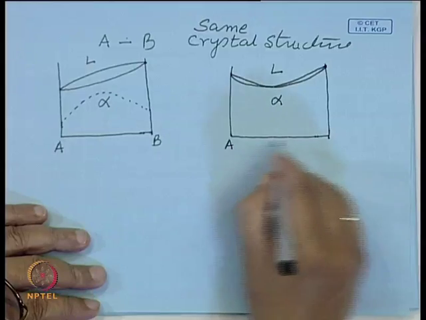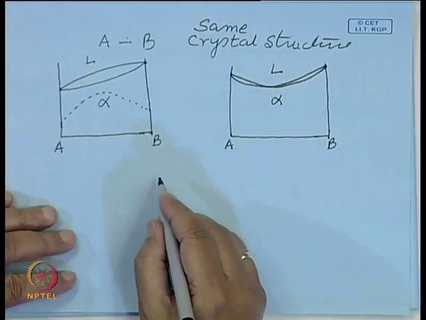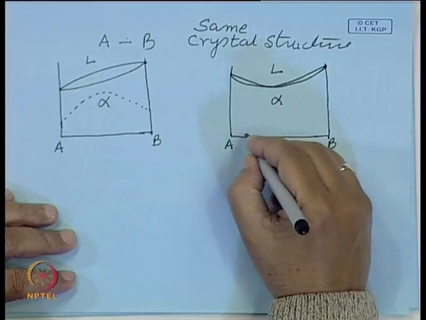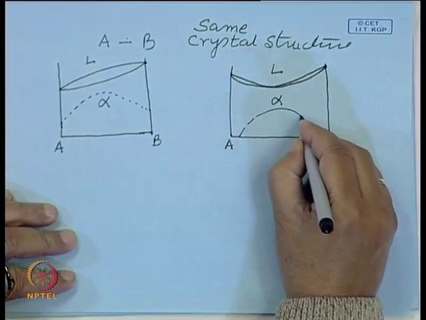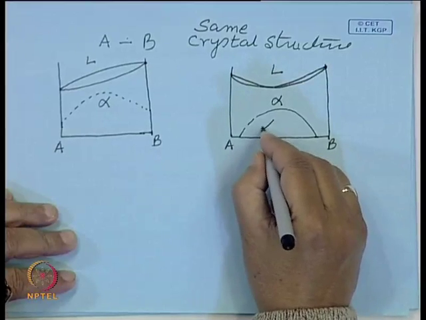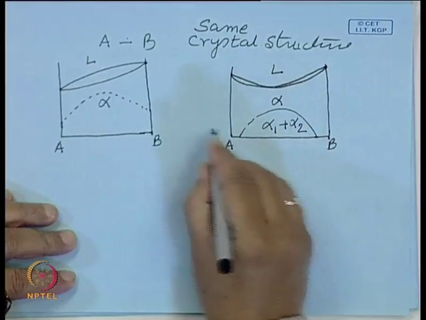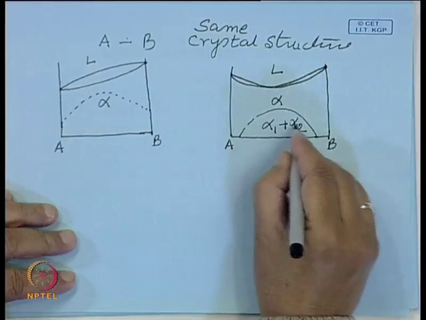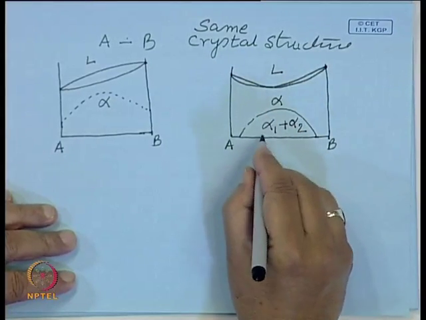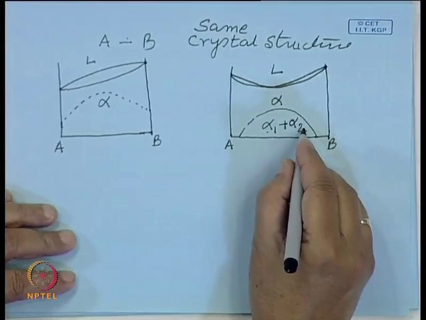If the size factor differs a little more, then you can have some amount of cluster formation, and you may have a miscibility gap with alpha 1 and alpha 2 forming. But both have the same crystal structure. If alpha 1 is FCC, alpha 2 is also FCC.